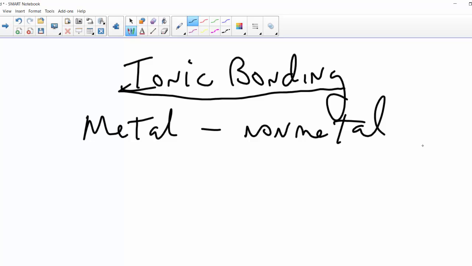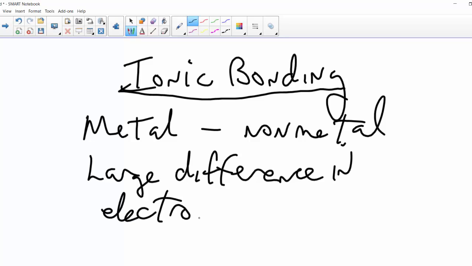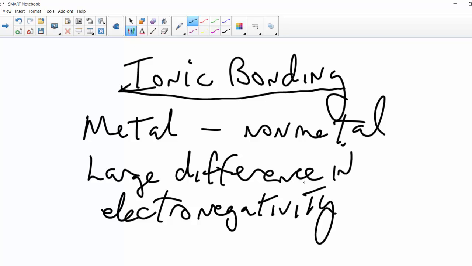And if you think about the periodic trends that we just talked about, in order to have an ionic bond, you have a large difference in electronegativity between the two atoms in the bond. We'll talk more about this as we go through this chapter.